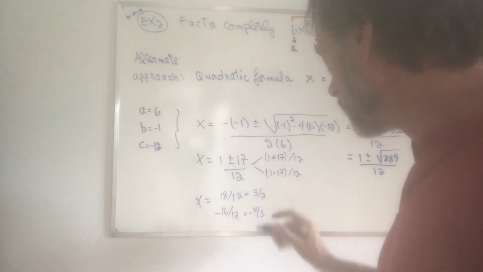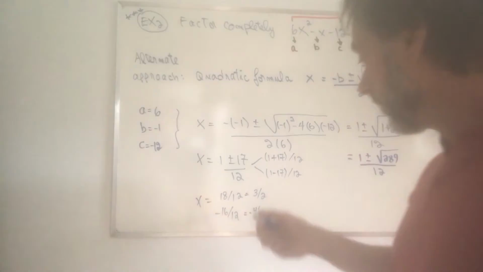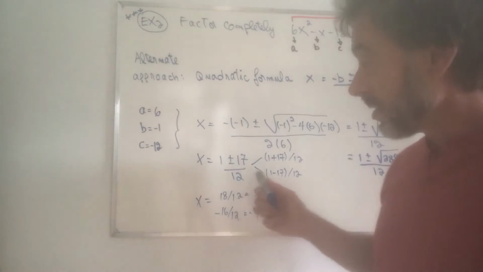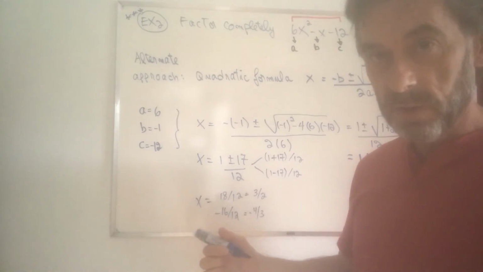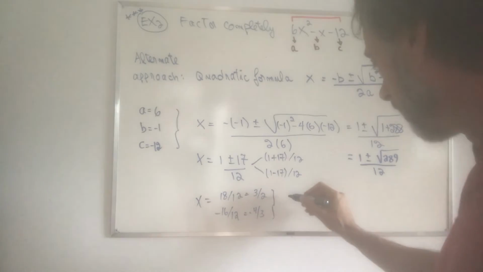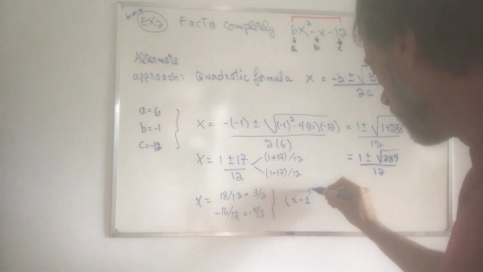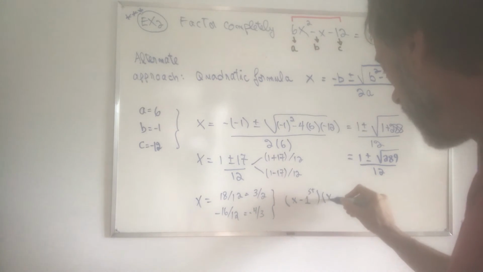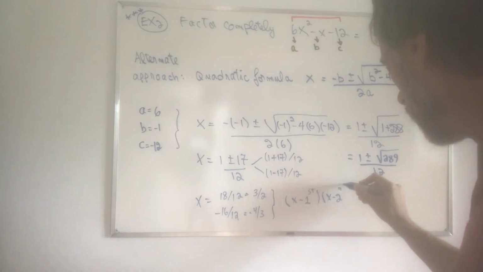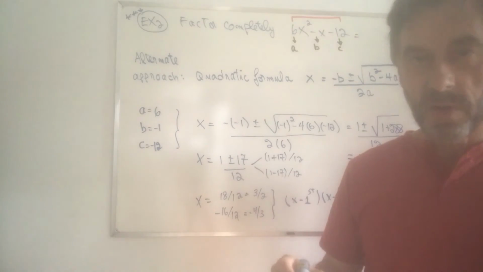Now you may wonder at this point, what do I do with these numbers? How do these numbers help me factor the original trinomial? Well, using those, I can do the following. I can do x minus the first answer multiplied by x minus the second answer, and I will have something that resembles the original polynomial.